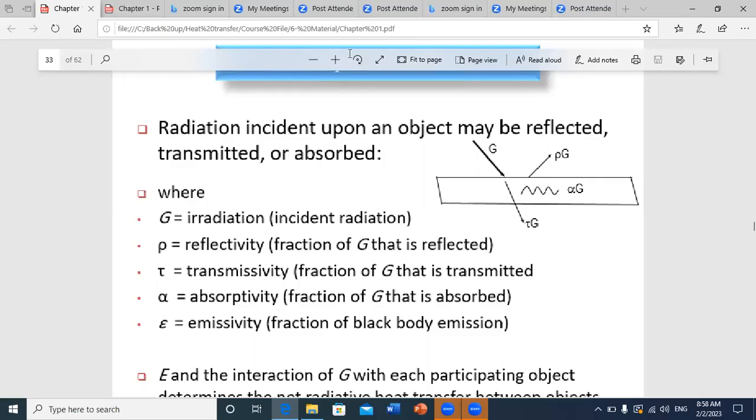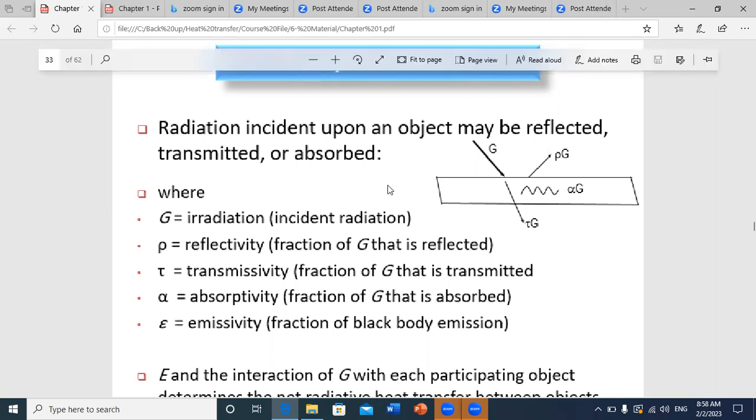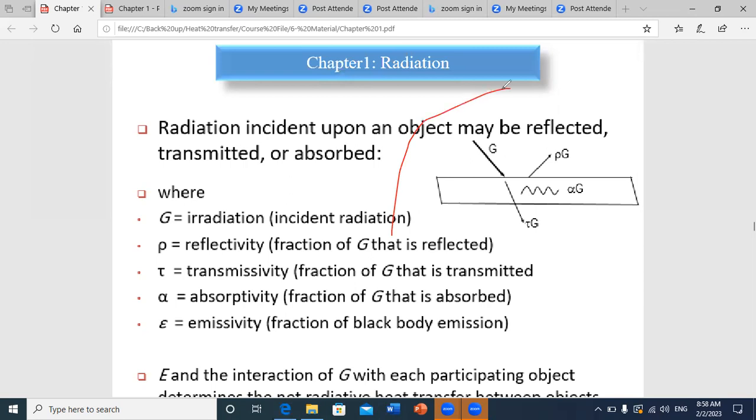Okay, so now, as we mentioned, radiation that is incident upon an object may be reflected, transmitted, or absorbed. So let's say you have a system in an enclosure. First, this surface will emit a certain radiation flux, that we will call incident radiation on our surface of interest.